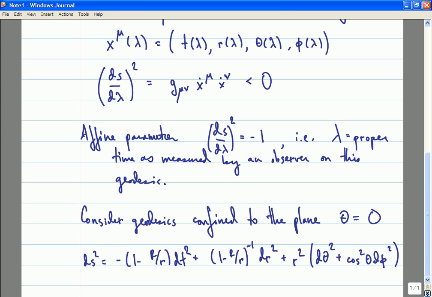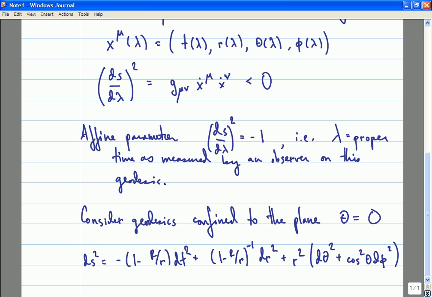So hopefully you remember from your study of the two-body problem and the Kepler problem in mechanics that the motion of an object subject to a central force potential will always lie in a plane. The same is true in general relativity, as you could easily show if you wrote down the theta geodesic equation. And so it will suffice to consider those geodesics which lie in a plane, which in this case I'm taking to be the plane where theta is equal to 0.